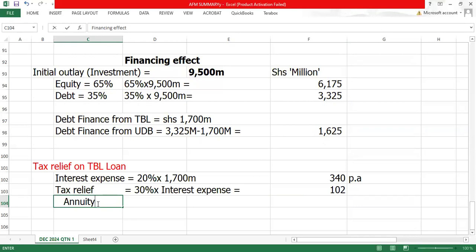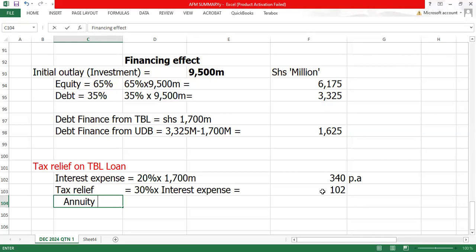We want to discount this tax relief into present terms. Remember, as you deal with APV, guys, we discount using the risk-free rate.